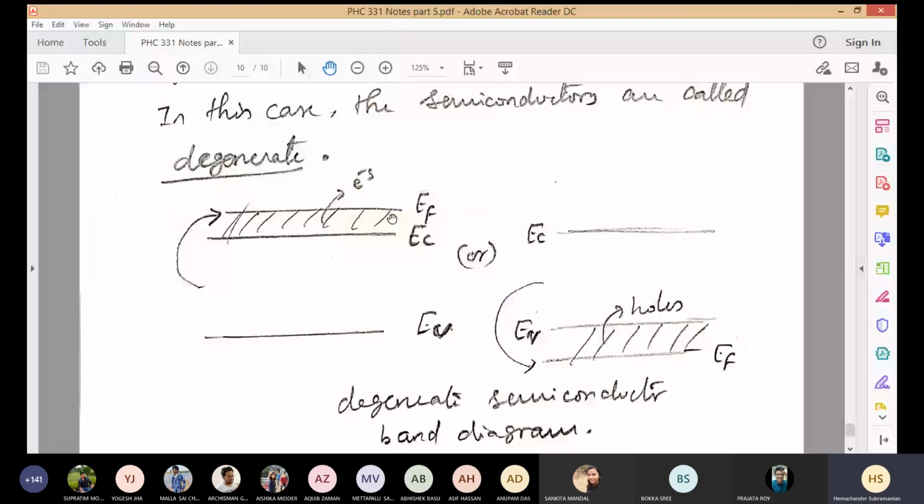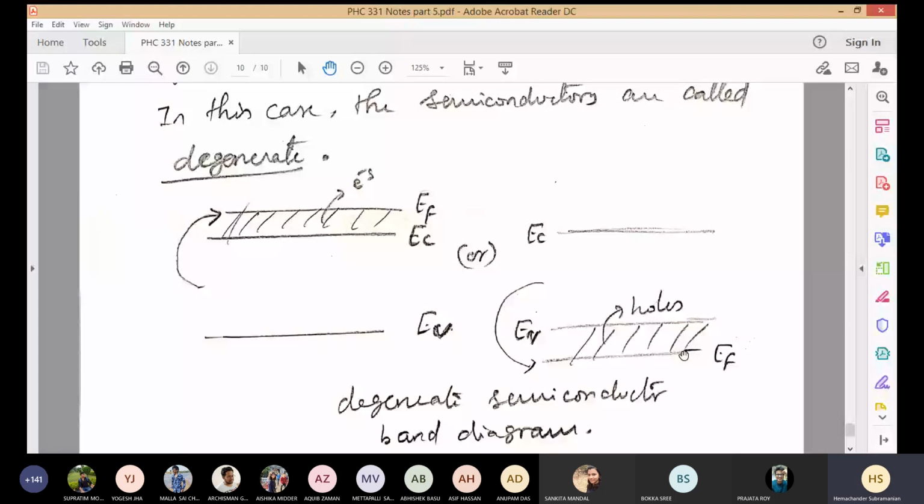You create electron-hole pairs by temperature. But in a degenerate semiconductor, you have electrons present above EC, even at T equals 0. Same for P-type materials. You have holes present because the Fermi energy has dropped below the top of the valence band, which means there are holes present even at T equals 0. You don't need any temperature to excite electron-hole pairs.